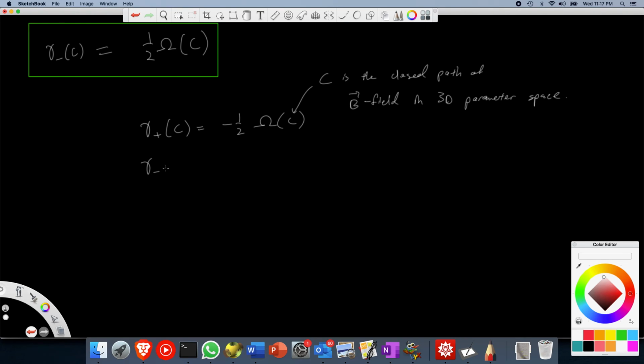And then the minus eigenstate's Berry phase is half times the solid angle. So this does not come as a coincidence.